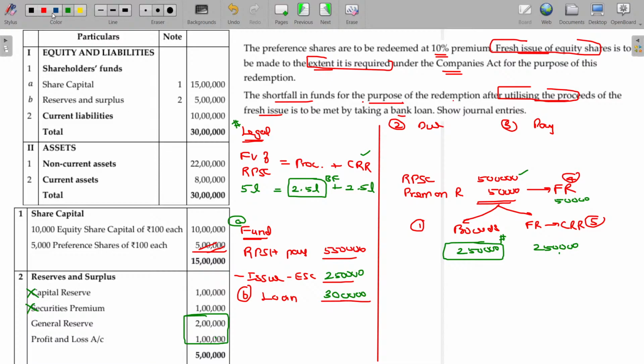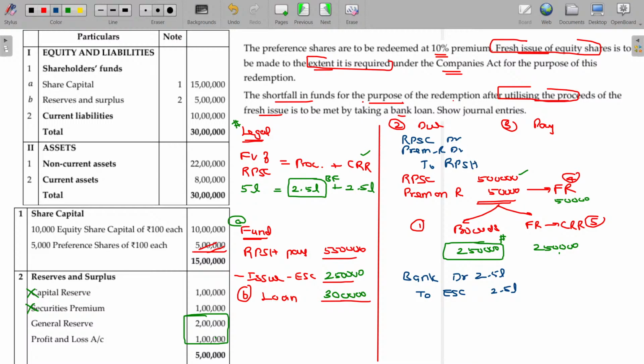Now pass the entries. For the first one, equity share issued: bank account debit to equity share capital, the value being 2.5 lakhs. Due entry: redeemable preference share capital account debit, premium on redemption account debit, to redeemable preference shareholders account.